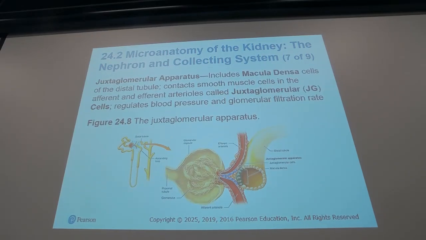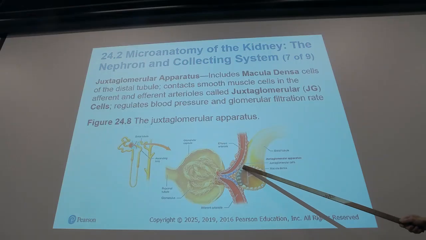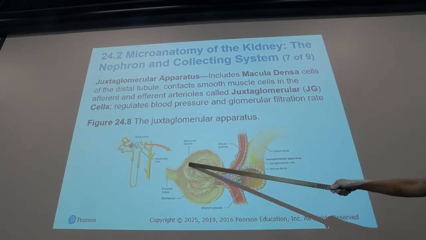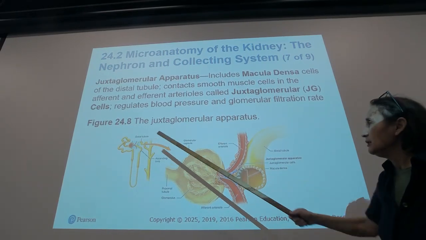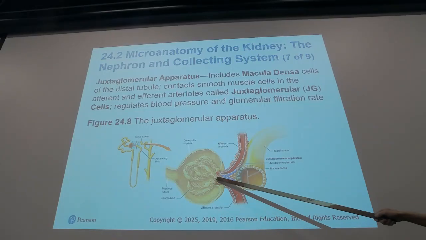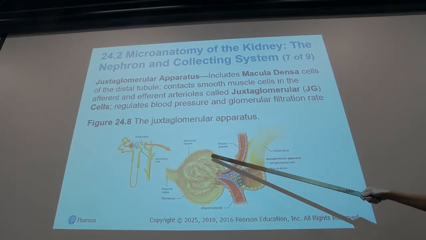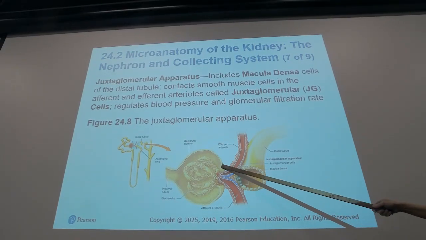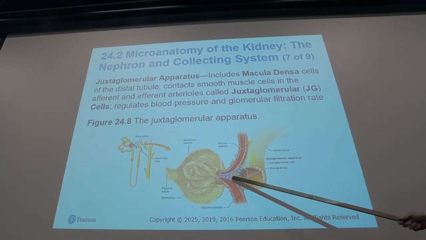And now for this area, this is the renal corpuscle. This is the glomerulus, this is the capsular space, this is the parietal capsule.